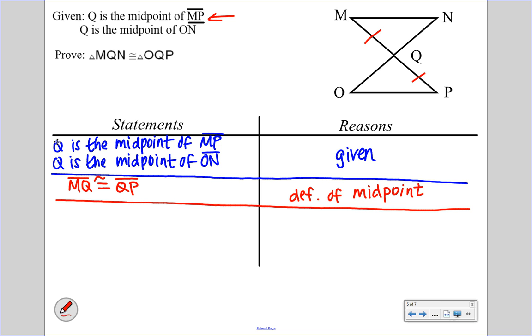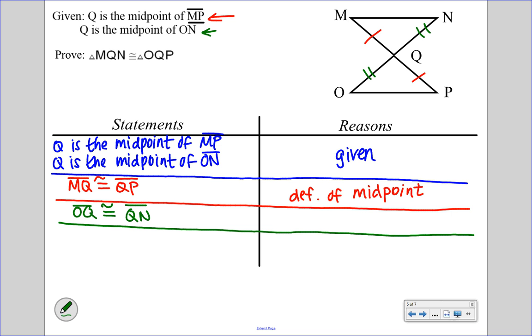Let's look at our second given. Q is a midpoint of ON. So now these two pieces are congruent to each other. So we can say that OQ is congruent to QN because the definition of midpoint. We only have two congruency statements, so we have to find a third one, and I can draw on my vertical angles, those swoopies.